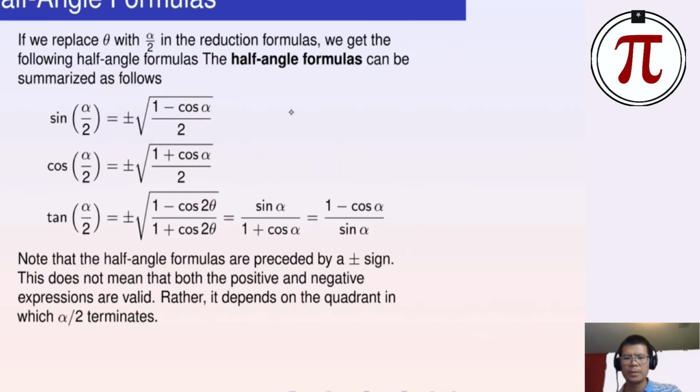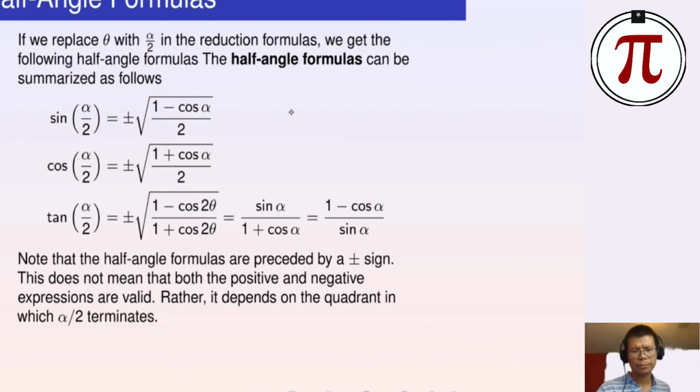All right, so now let's move on to the half angle formulas. If we replace theta with alpha over 2 in the reduction formula, we get the following half angle formulas, which can be summarized as below.